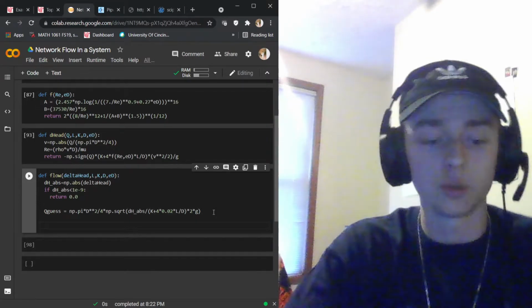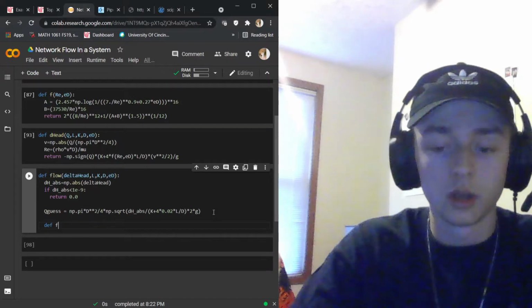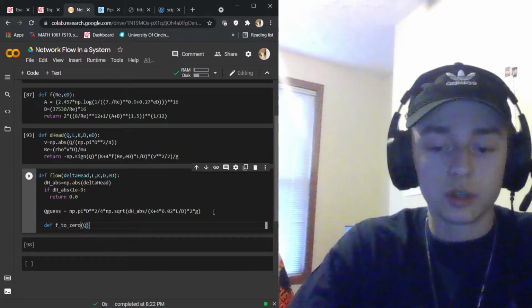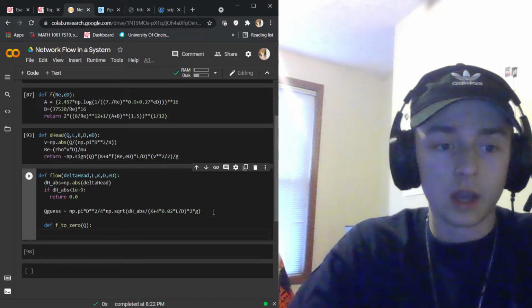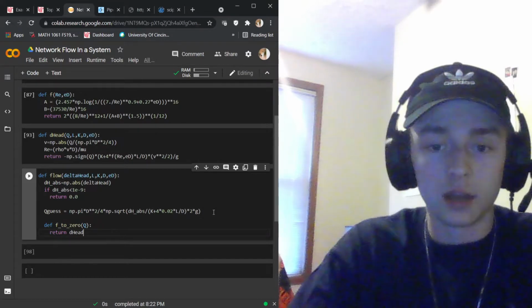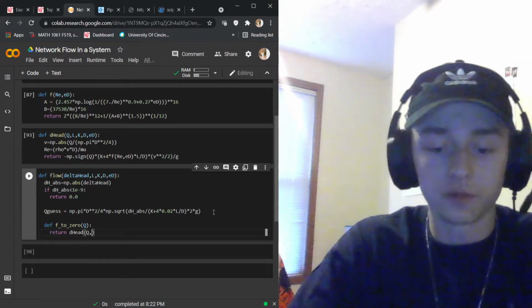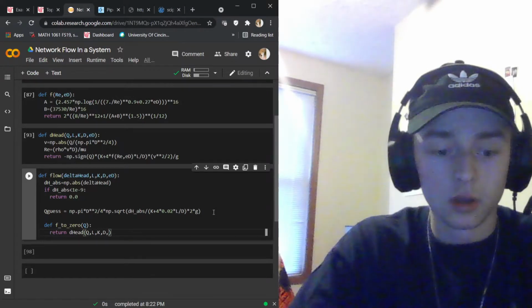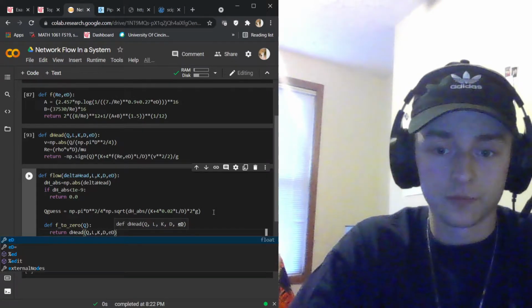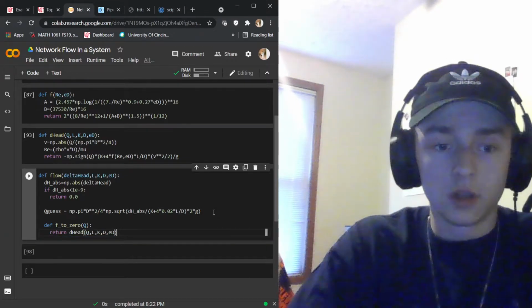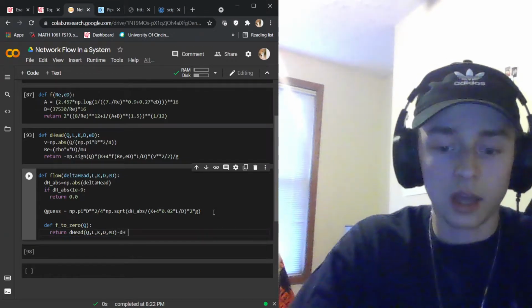flow Q. And so we can say, let's define our function, flow to 0 dependent on Q. And if this happens, we want it to return our delta head dependent on our flow, length, K value, diameter, and our relative roughness in our pipes, minus our absolute delta head.